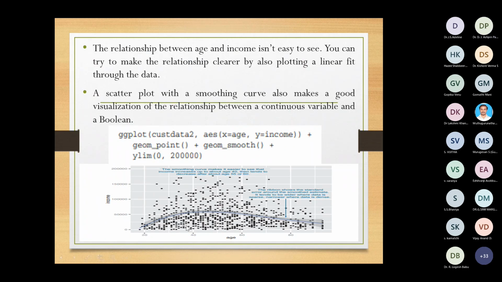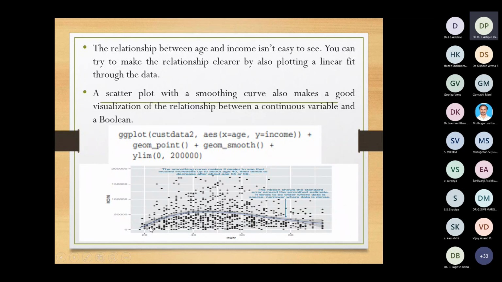A scatter plot with a smoothing curve makes a better visualization, which shows the relationship between a continuous variable and a Boolean. You can see in this graph, when the person's age is 60 and 80, their income is reducing. This graph is telling us that.